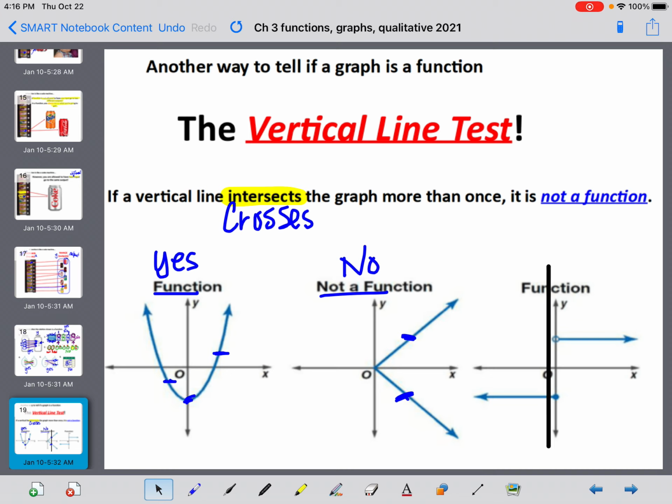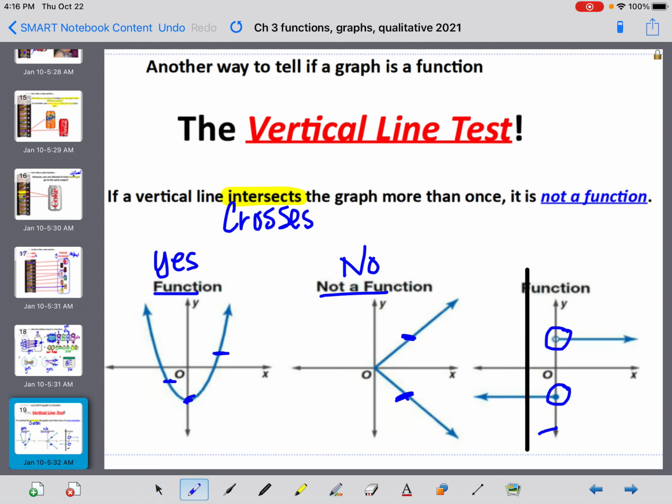Over here, this one is tricky, because right here at this place, this almost looks like it wouldn't be a function, right? Because right here at this spot, it looks like possibly my vertical line might be touching both of those, right? But remember what we know about open circles and closed circles.